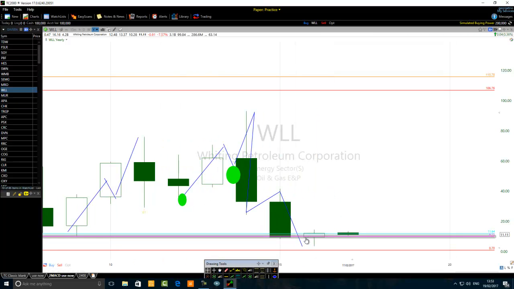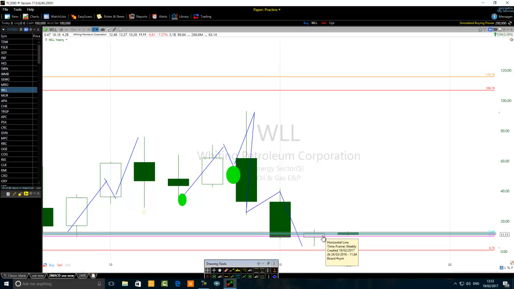You see the body. I'm not talking about the range of the candlestick bar itself, but just the body. We want it to find support and to stay above the median line of that body. So far, it's above it, which is good.